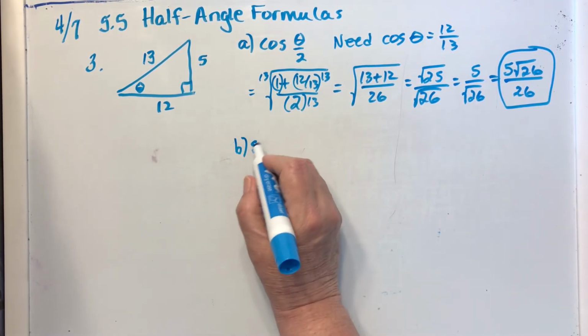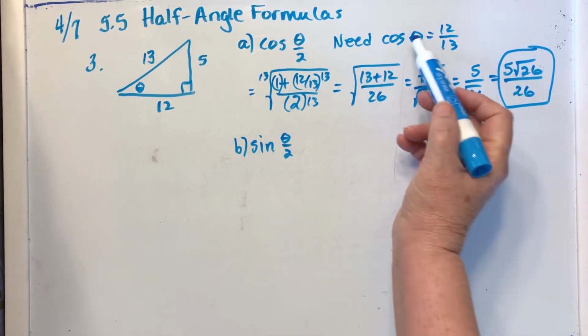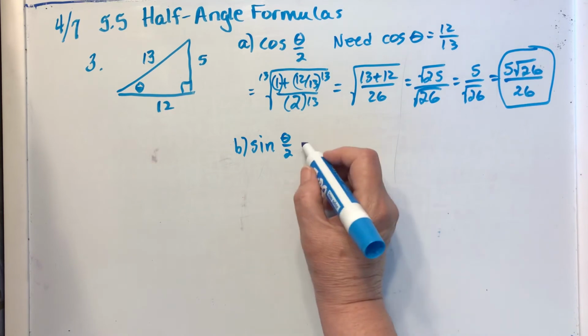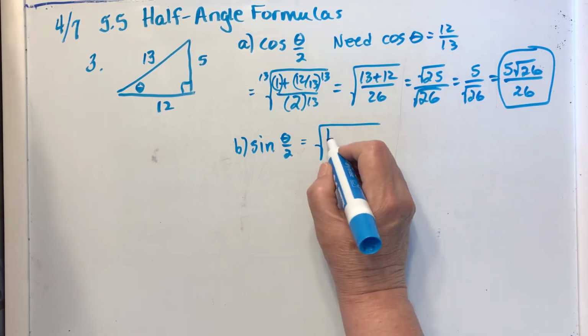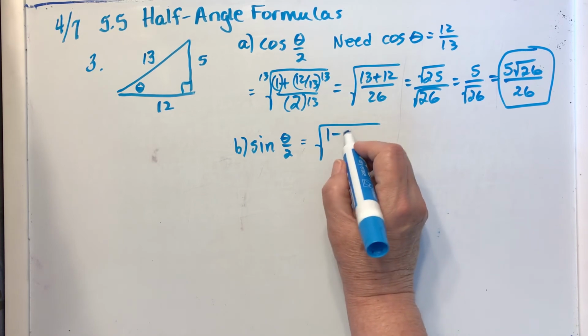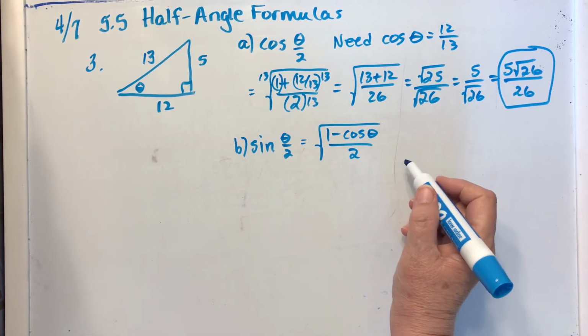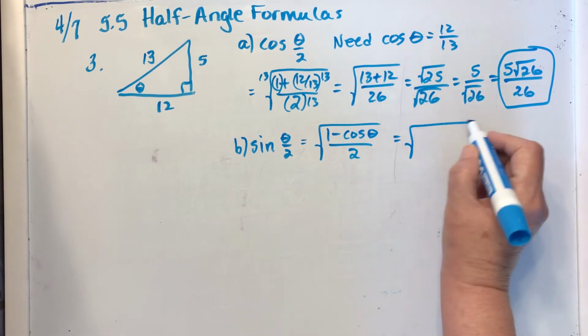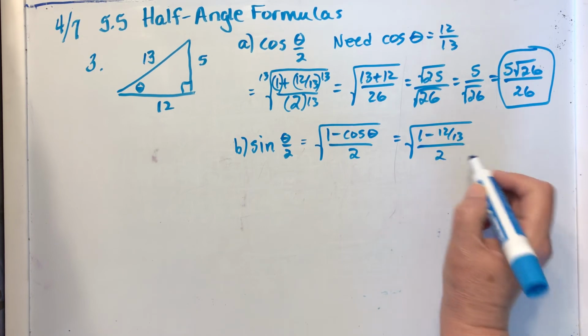If we wanted the sine of theta over 2, all we need is the cosine, which we already found is 12 over 13. I'll just write the formula real quickly. The formula for the sine of theta over 2 is the square root of 1 minus cosine of theta, all over 2. So that's going to be the square root of 1 minus 12 over 13, all over 2.